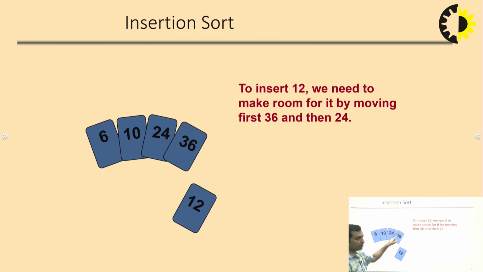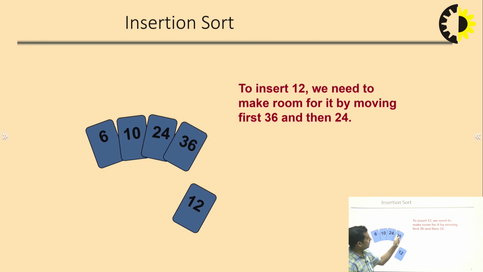Start from j minus 1 position up to the maximum reachability, which is this one, card index 1. In between, if we get a position where the key is greater than the element at that ith position, 36 is greater than 12.